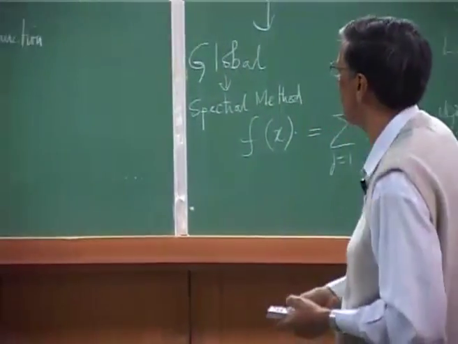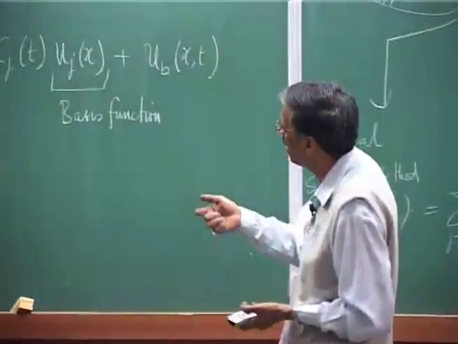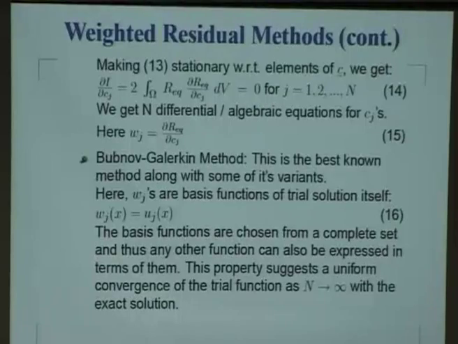You are familiar with some of those complete sets. Okay. And then what you do is you automatically satisfy what is called uniform convergence, because we know that in the limit n going to infinity, I can define any function that we can talk about, and that is the whole idea of this.